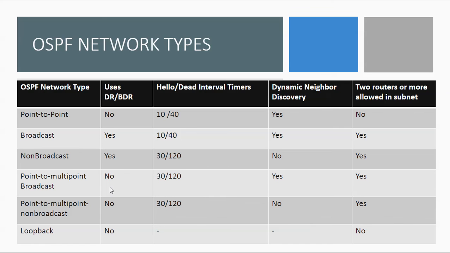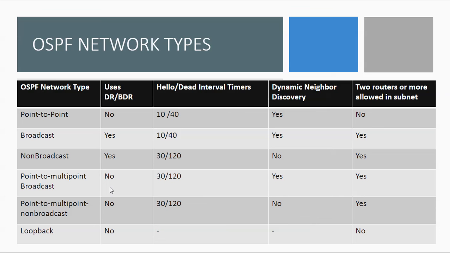Point-to-multipoint non-broadcast network is basically an extension by Cisco for this network. It's all the same as point-to-multipoint broadcast, except this one is non-broadcast. So there's no DR-BDR process, and there's no dynamic discovery here. But you can use a network like that and also use the DR-BDR configuration statically.